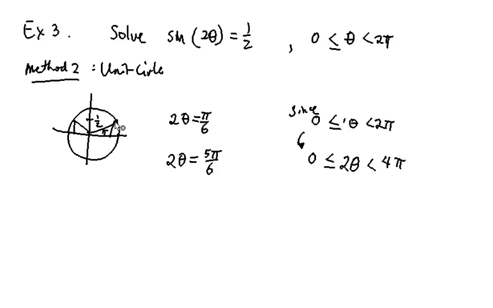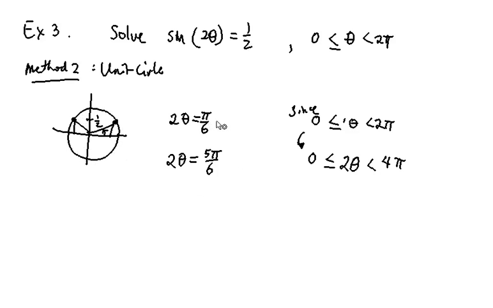Here I'm at 0. Here I'm at pi over 6. Here I'm at 5 pi over 6, in terms of 2 theta. So now I need to go all the way around to 2 pi, and then go one more time to 4 pi. So I have to go all the way around one more time.